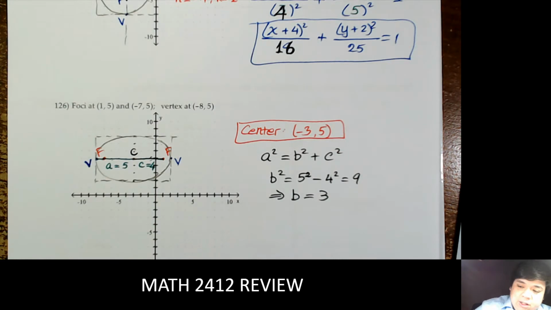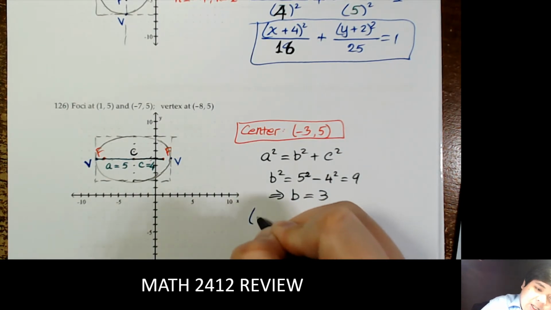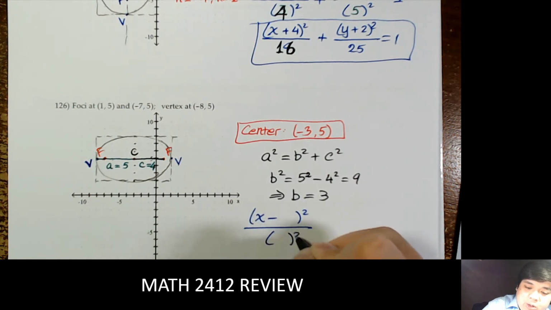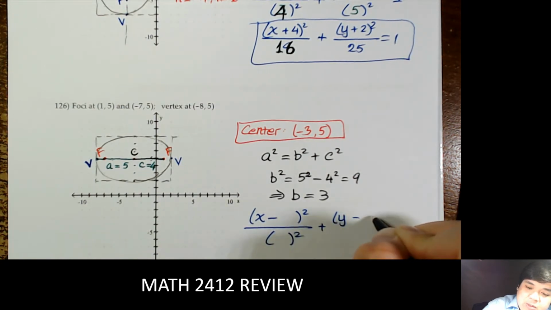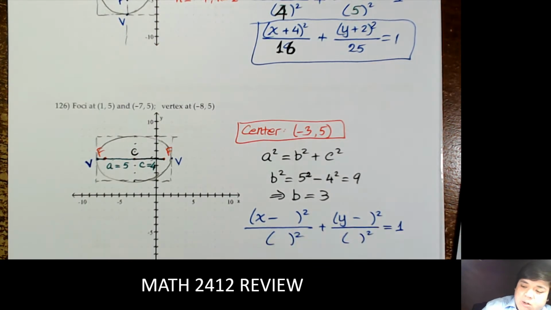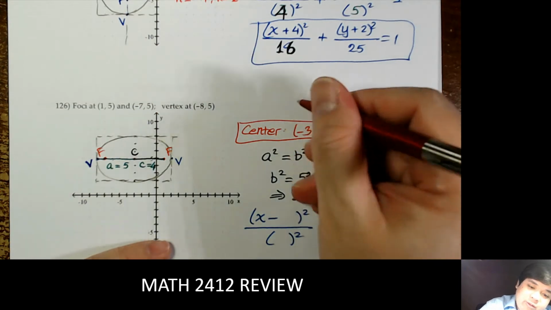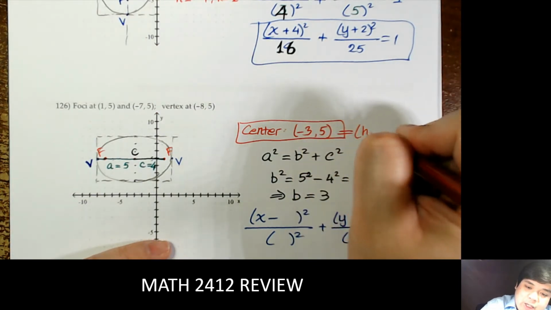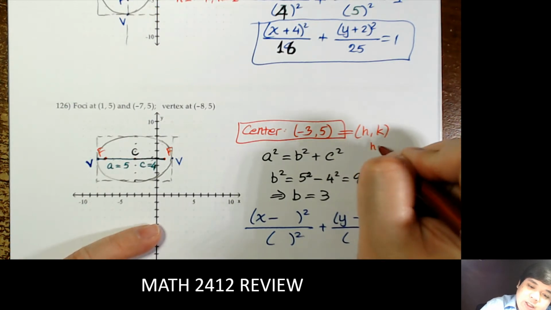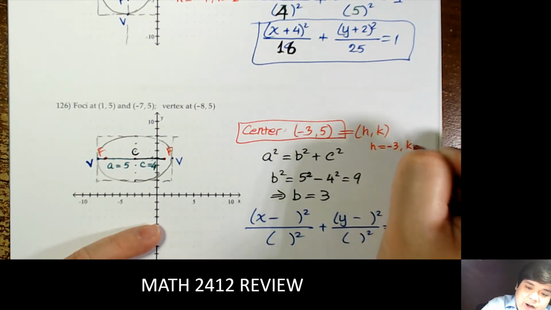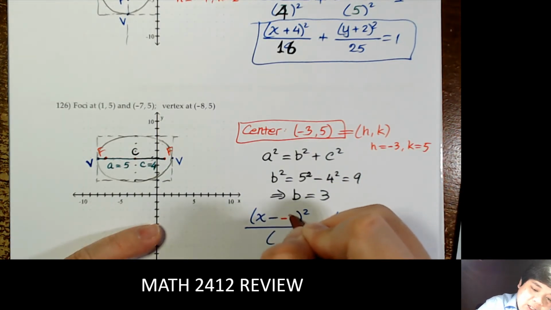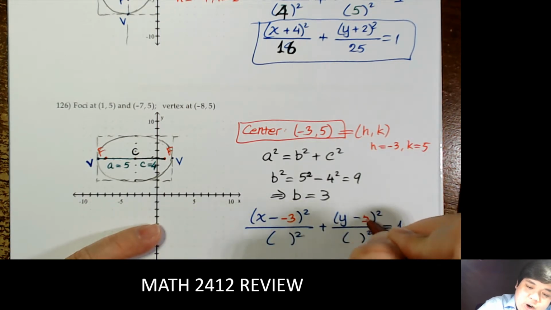So the equation is (x minus something) squared over something squared plus (y minus something) squared over something squared equal to 1. The center is -3 and 5. So that of course is h and k: h is -3 and k is 5. The h is subtracted from x and the k is subtracted from y.